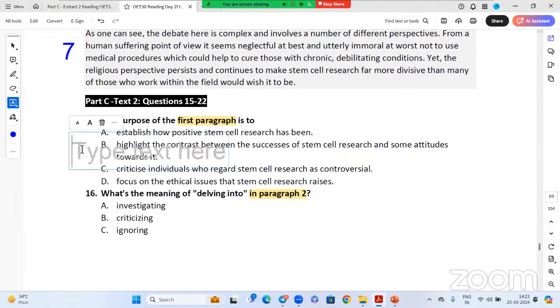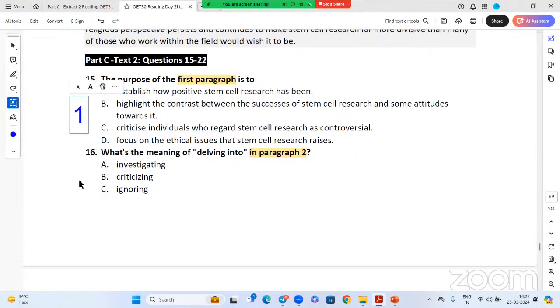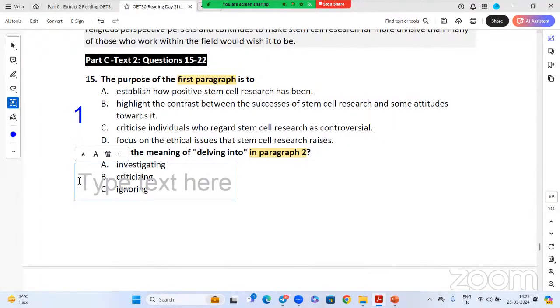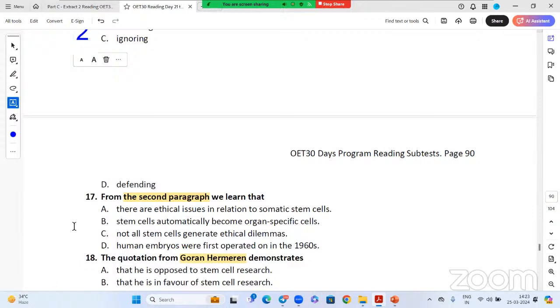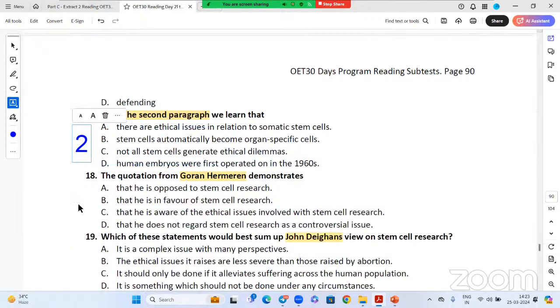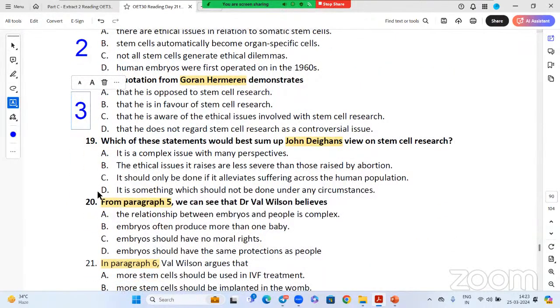So this will come to the first paragraph. This will be the second paragraph, we know now. And this will be the second paragraph. And this will be the third paragraph according to our guesswork, maybe or maybe not. And this is the fourth paragraph.